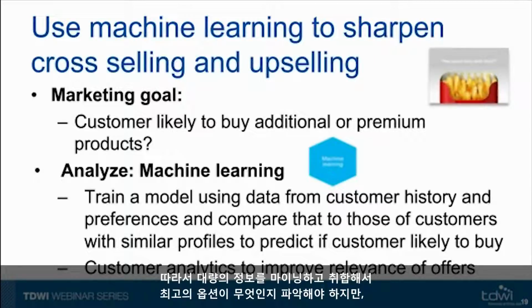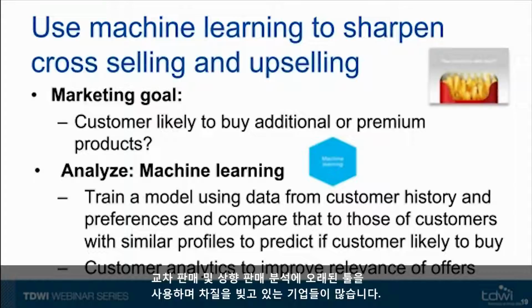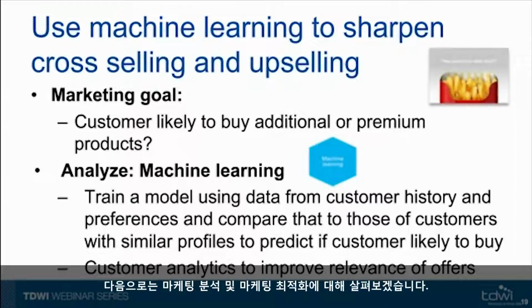So a lot of information needs to be mined and put together to really understand what would be the best offers. And a lot of companies are stymied by the primitive tools they're using for cross-selling and upselling analysis, and invoking that in marketing analytics and marketing optimization.